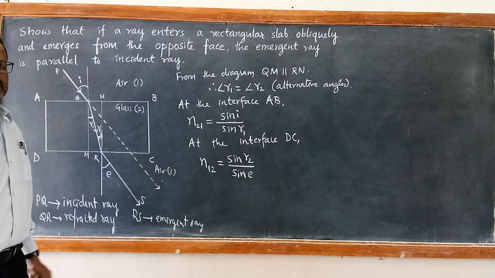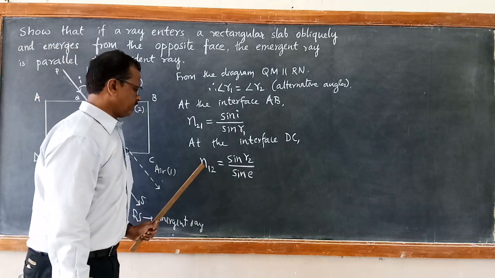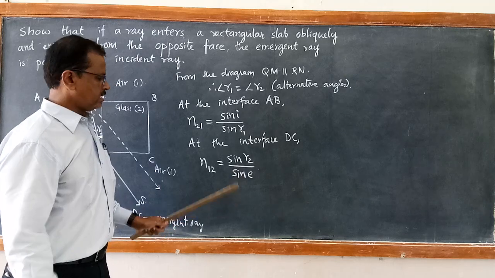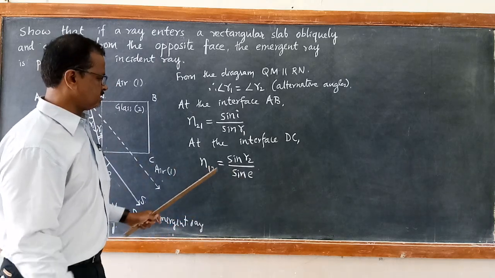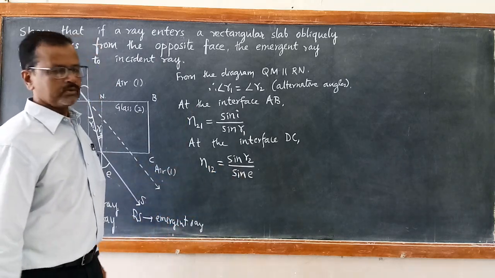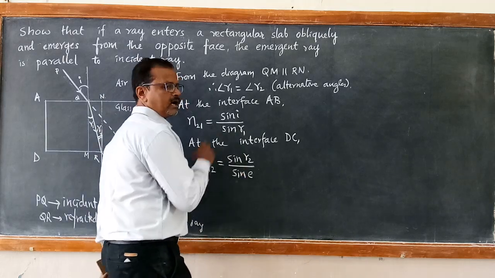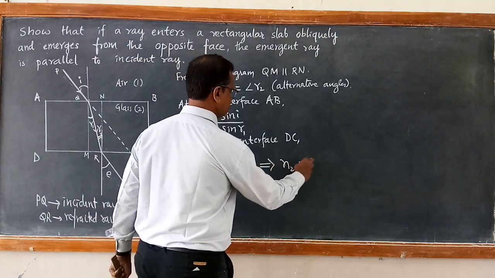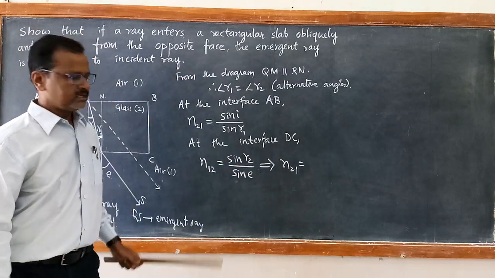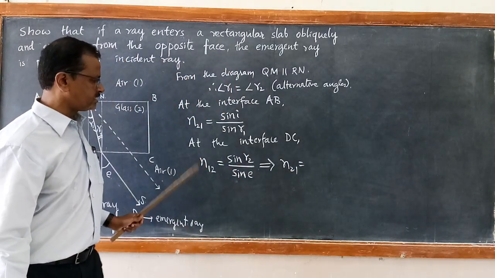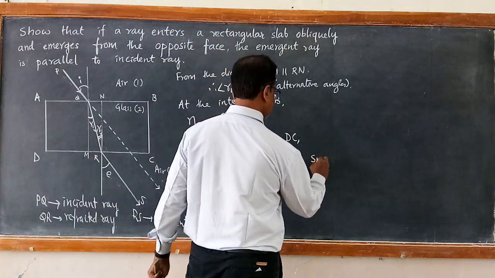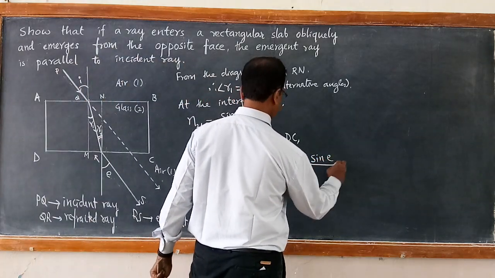Previously we have come to know that if N12 is sine R2 by sine E, then N21 becomes sine E by sine R2. This implies I can write N21 as just the inverse of the refractive index of second with respect to first.